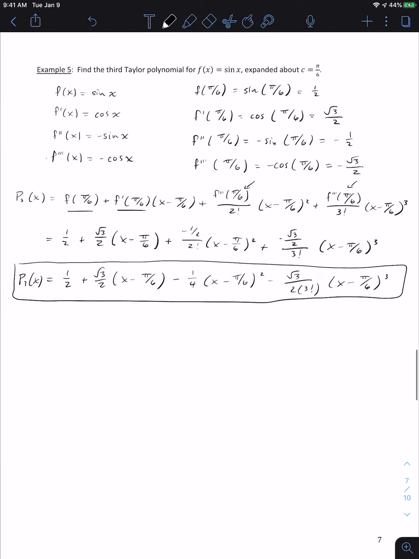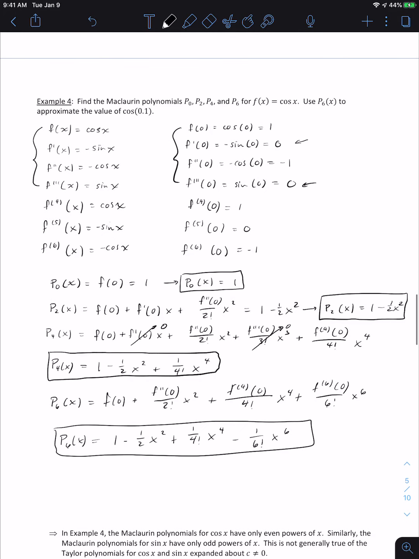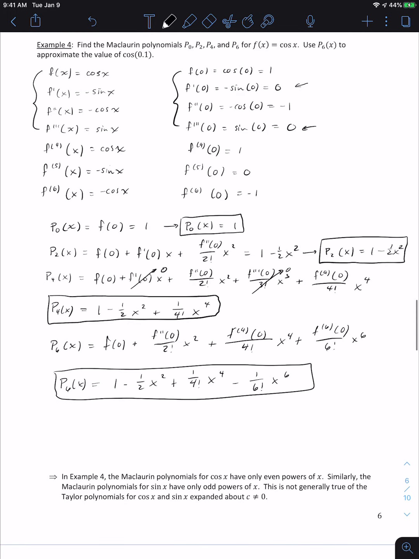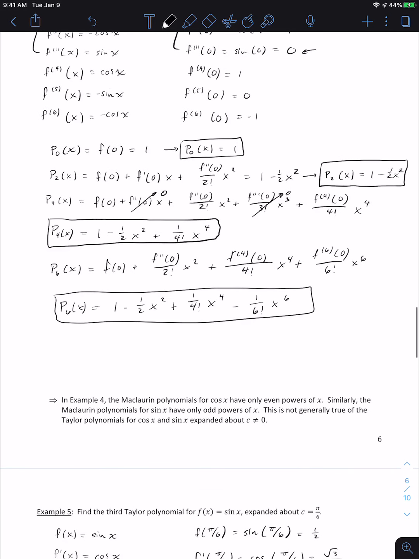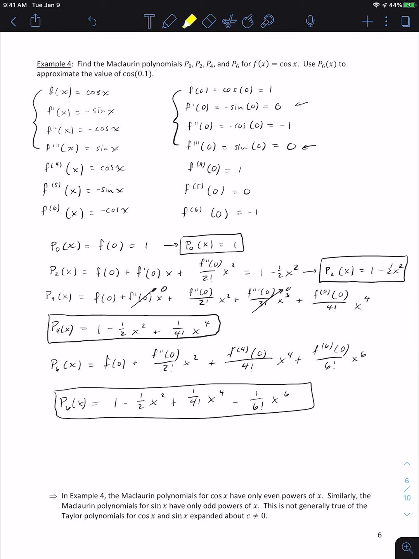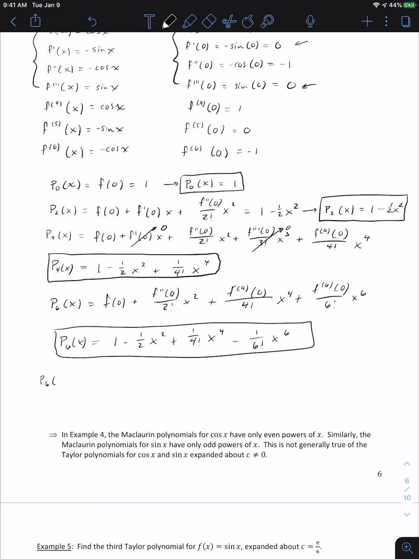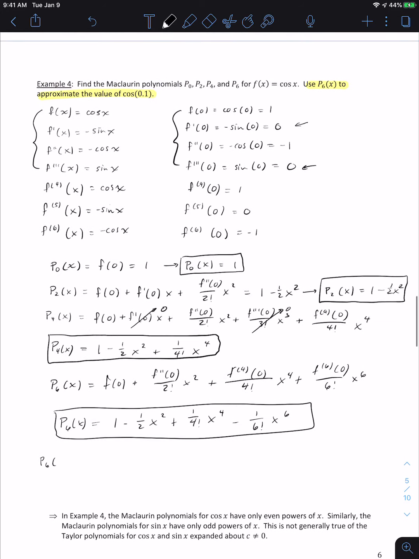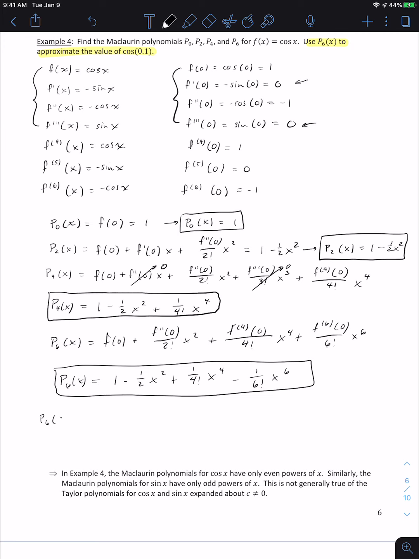For example here, I think I actually forgot to do this. For example 4 here, it says use this to approximate cosine of 0.1. So when I say use this to approximate the value, I can use my polynomial, p sub 6, to approximate cosine of 0.1. In other words, I'm going to plug 0.1 into my polynomial: 1 minus 1 over 2 factorial times 0.1 squared, plus 1 over 4 factorial times 0.1 to the 4th, minus 1 over 6 factorial times 0.1 to the 6th.